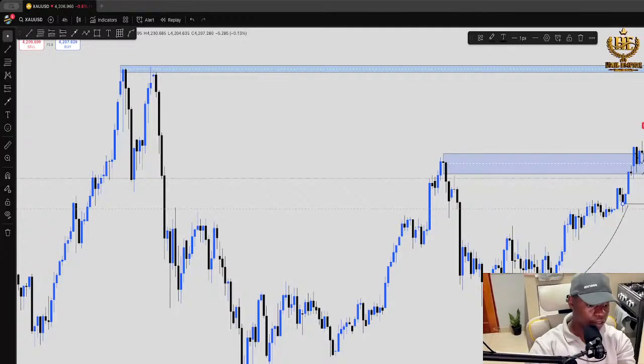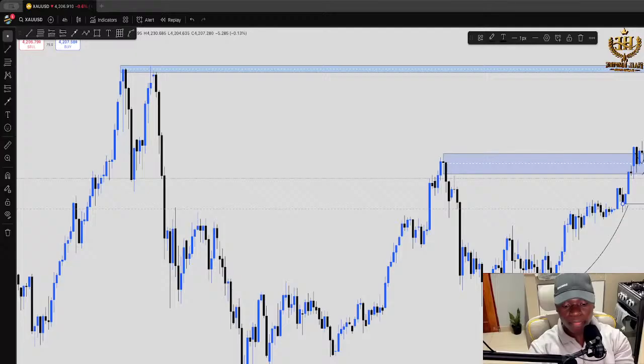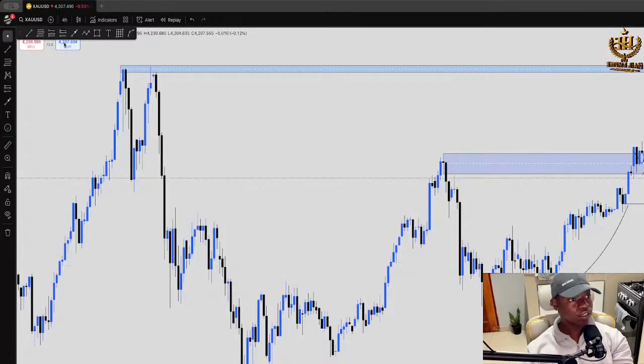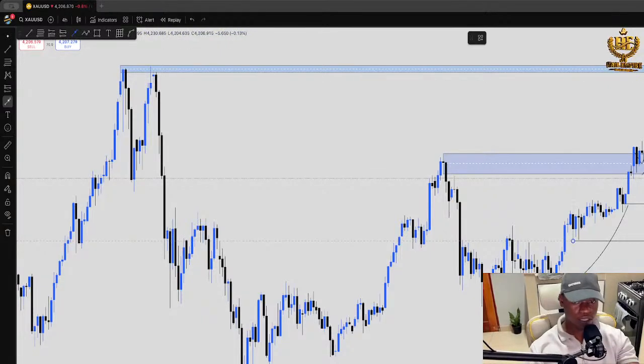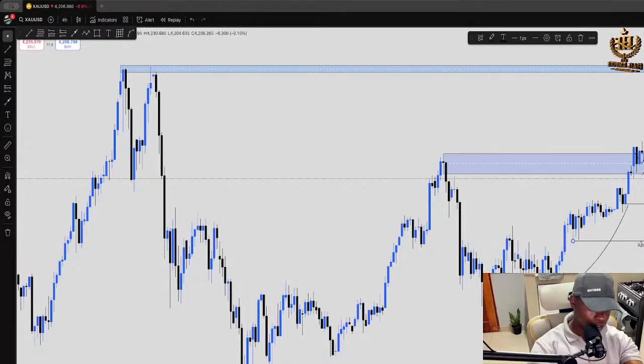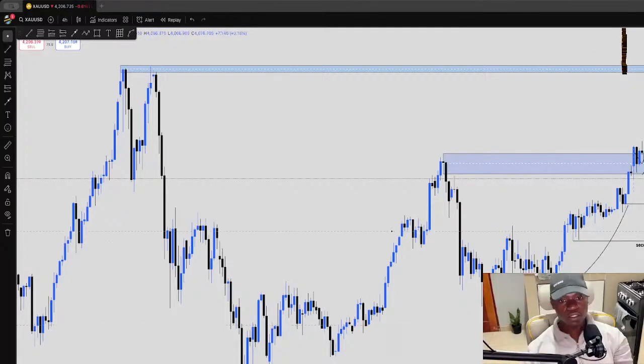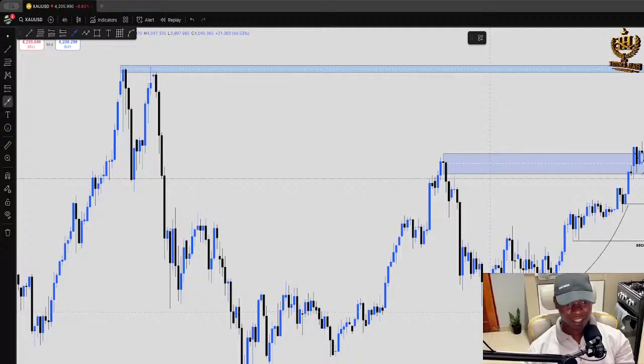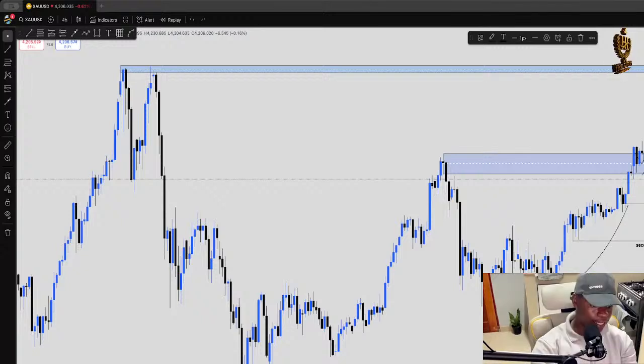Then our second TP below these lows here. Then your third TP.